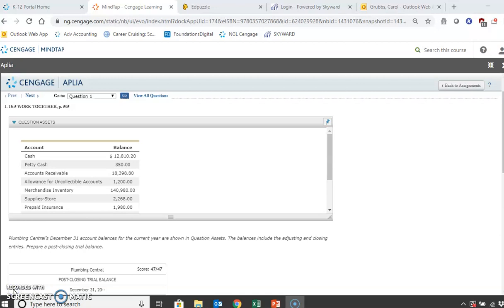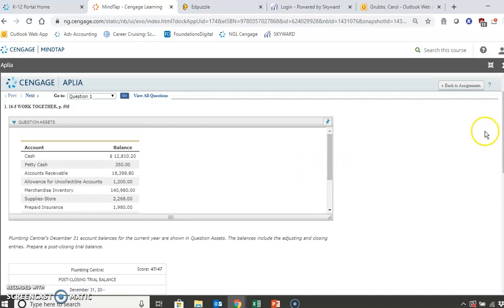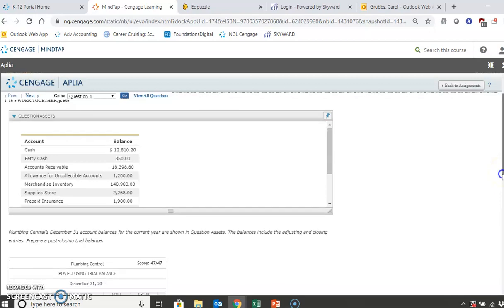Moving into 16.5 work together. You are given all of the accounts that have balances, so this is pretty straightforward and extremely simple.